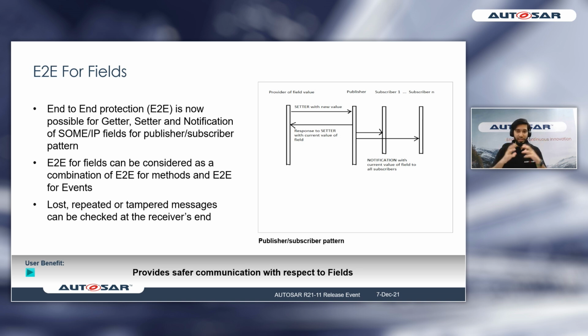It is not a very exhaustive concept; it was known as a lightweight concept, and it was targeting end-to-end for fields. Now with this concept, it is also possible to protect our data with respect to fields. The advantage is that lost, repeated, or tampered messages can be checked and verified at the receiver's end.